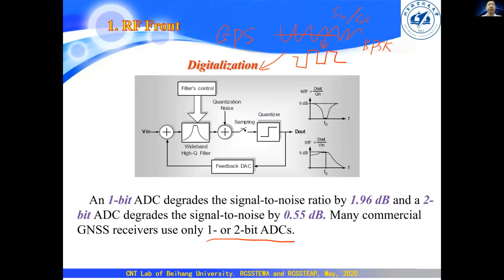For mobile signal processing or sensor signal processing, you may need a 10-bit or 12-bit ADC. But for GPS, only a 1 or 2-bit ADC is enough.